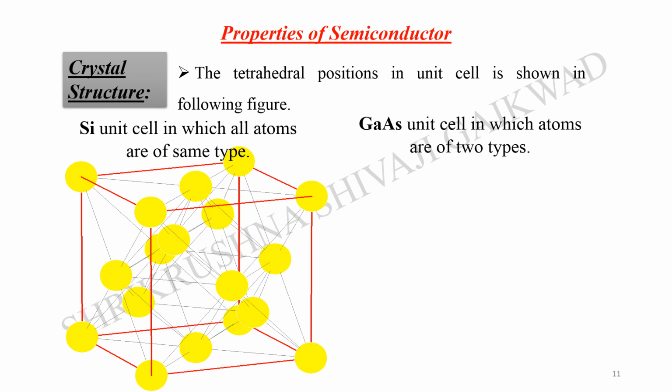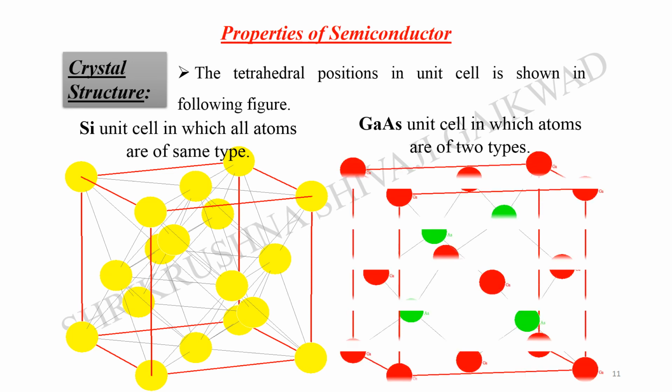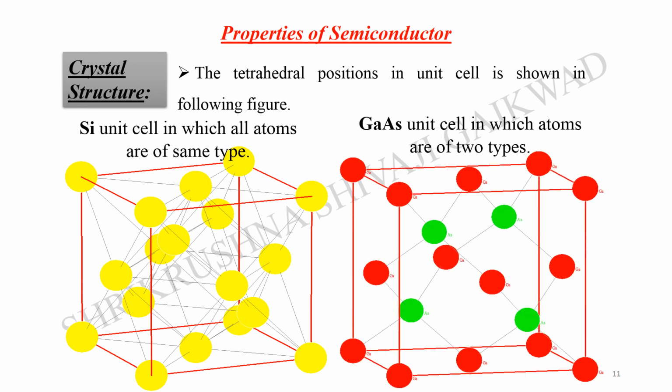In the case of the gallium arsenide unit cell, the atoms are of two different kinds and they are connected this way. So you can clearly understand the difference between the diamond lattice and the zinc blende lattice. On the left hand side, see how the atom is connected with the other atoms, and in the case of gallium arsenide, how the atom is connected with the other atoms.